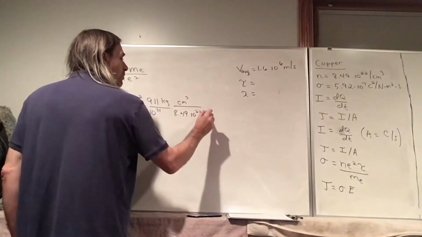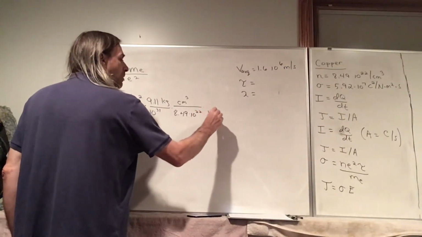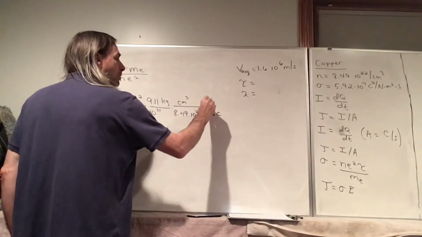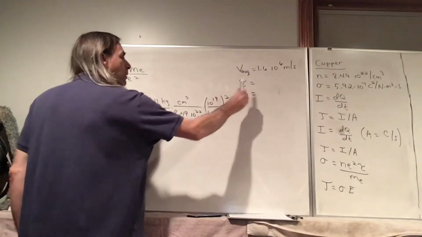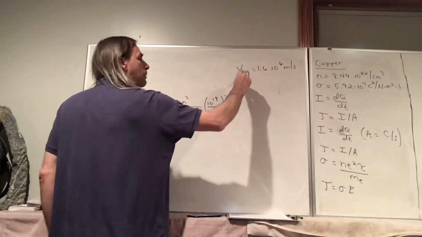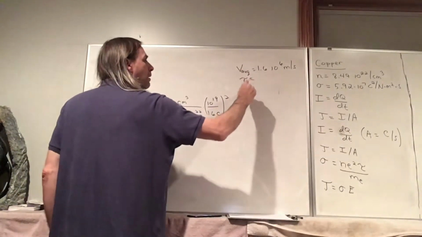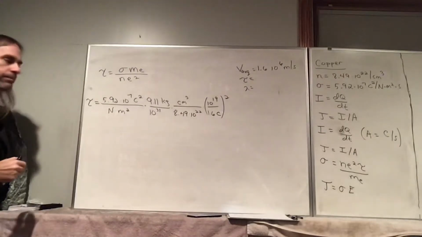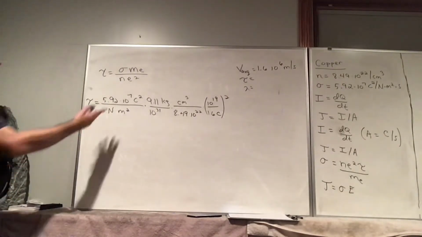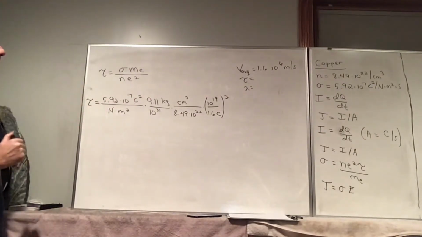And then e is 1.6 times 10 to the minus 19 coulombs, so we square that. Now this is a time. We should get seconds out of this. These are all basic SI units, so we're supposed to get seconds here.